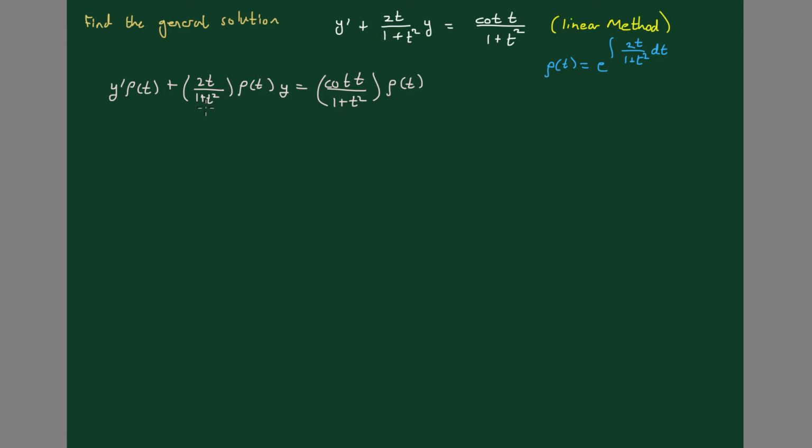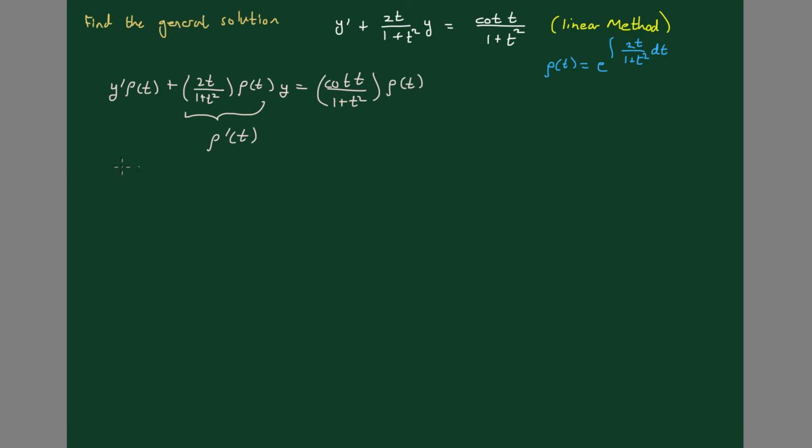Now remember rho of t is e to the integral of 2t over 1 plus t squared dt. And if you notice what's next to this rho of t, it's the same function that's inside the integral, which shows that this entire function is just the derivative of rho of t. So this is rho prime of t.